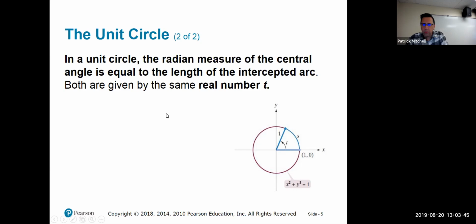So theta equals s divided by r would just turn into theta equals s. So in other words, this number t and this number s are equal. I wish they had just stuck with t for both of those, but they're just saying that s and t are equal if the radius of this circle is 1.